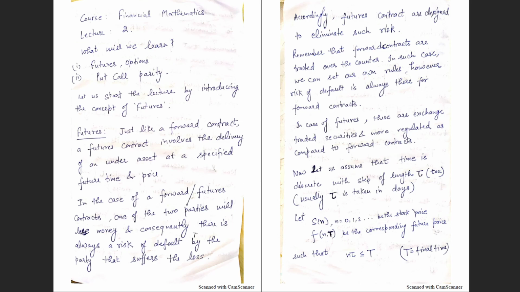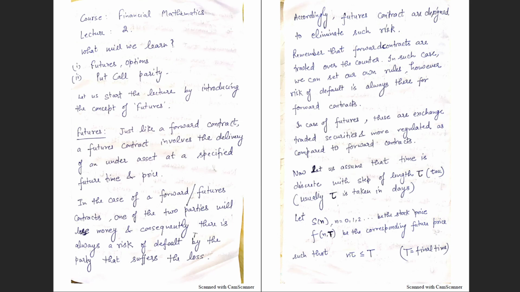On the second page of this lecture 2, you can see that futures contracts are designed to eliminate such risk. It is done in futures so that they cannot default. How is it done? If you remember, forward contracts are over the counter traded. I mean, you go to some party or some party comes to you, and you can set your own rules and define a contract.